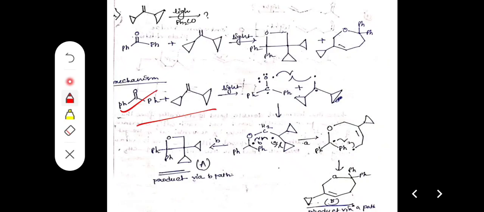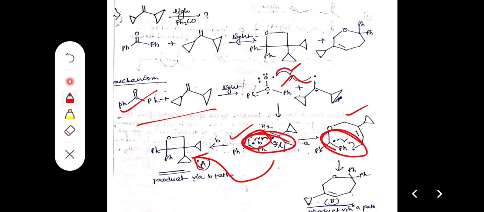This way two radicals combine and produce this type of combination, and these two radicals combine to produce this compound.